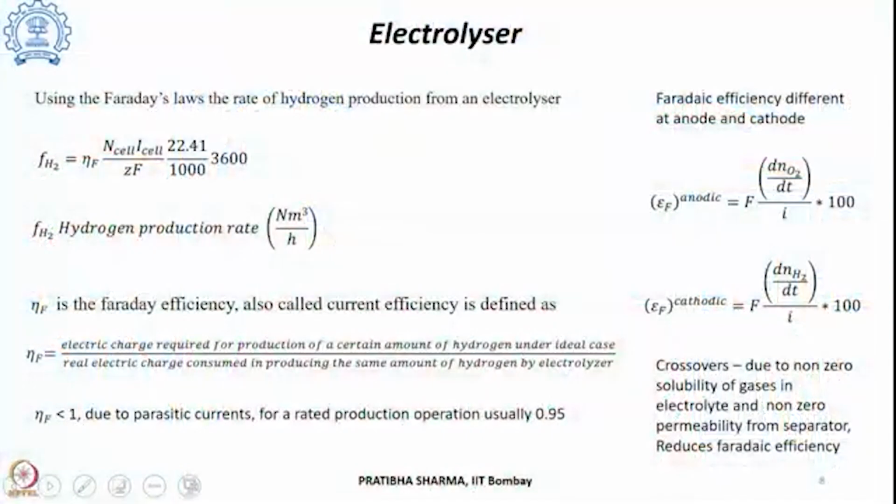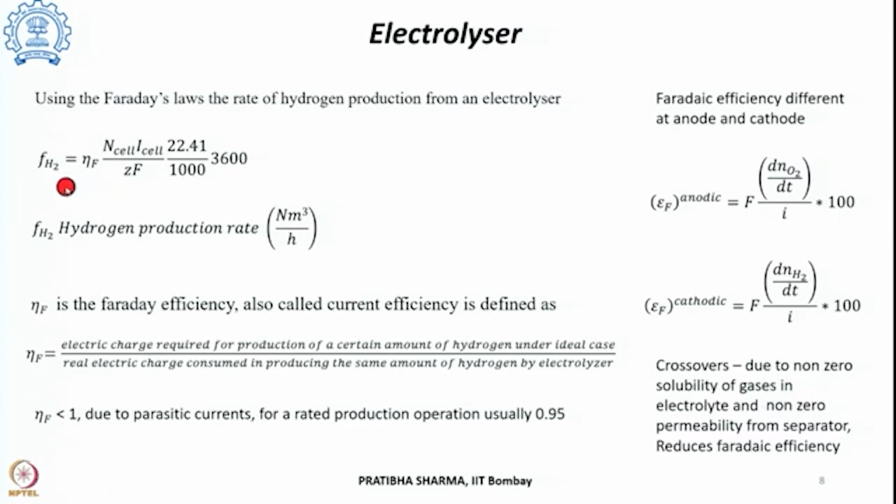The hydrogen production rate, in terms of normal meter cube of hydrogen produced per hour, is given by the Faraday efficiency eta F times N cell I cell upon Z F. So, if N cells are connected in the stack, each cell has a current I cell flowing, where Z is the number of electrons being transferred, 2 in this case, and F is the Faraday's constant, and then there are certain quantities to convert it into normal meter cube per hour.